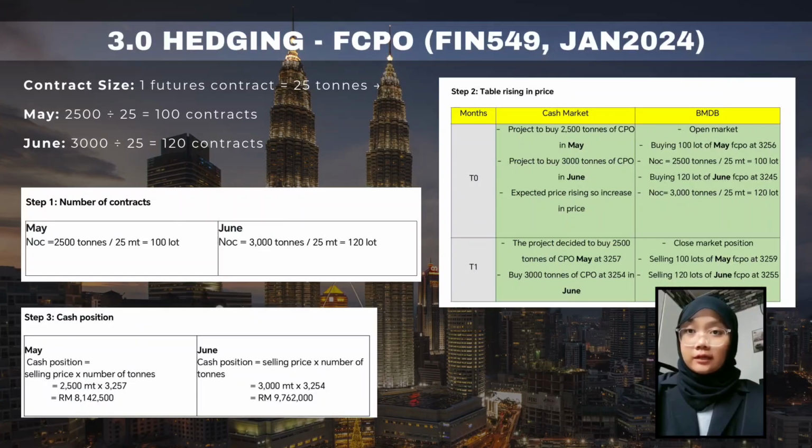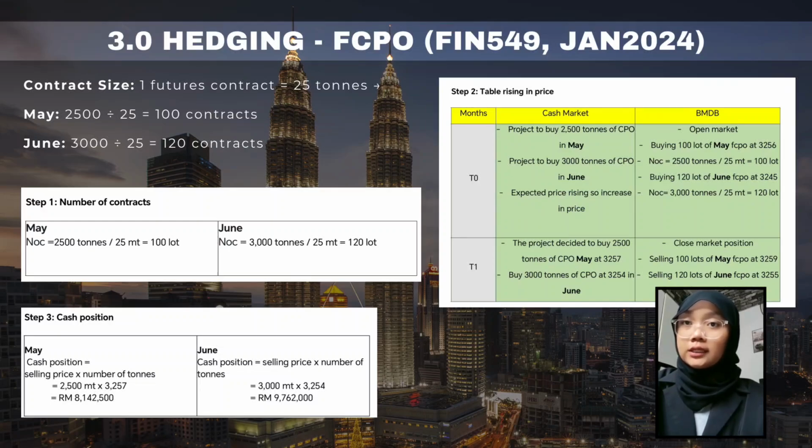For the first step, we need to calculate the number of contracts. How many contracts does Ahmad need? Each futures contract for CPO represents 25 metric tons. For May, he needs 2,500 tons. That's 2,500 divided by 25 metric tons, which gives us 100 contracts.